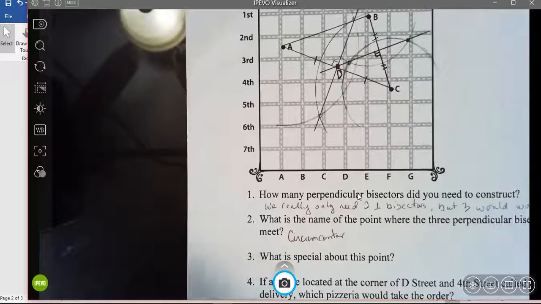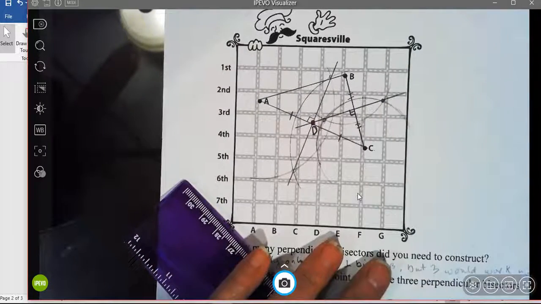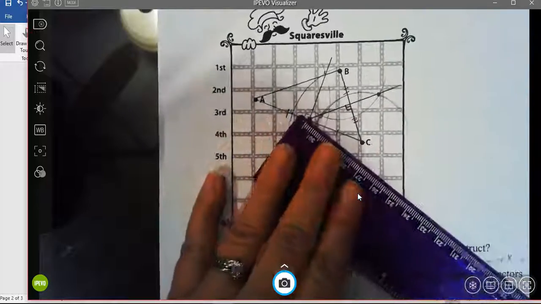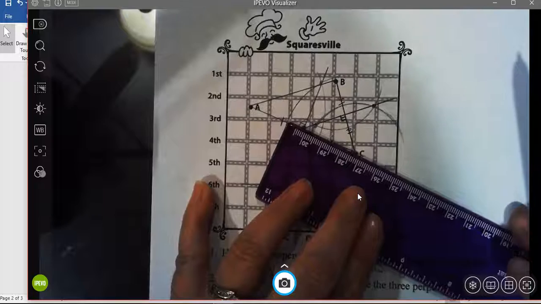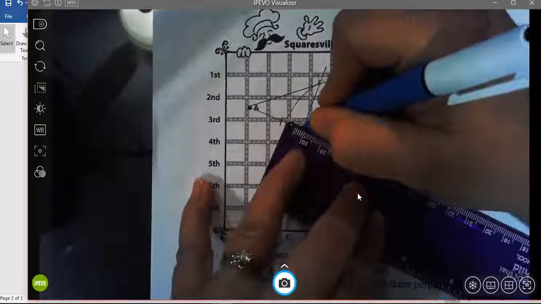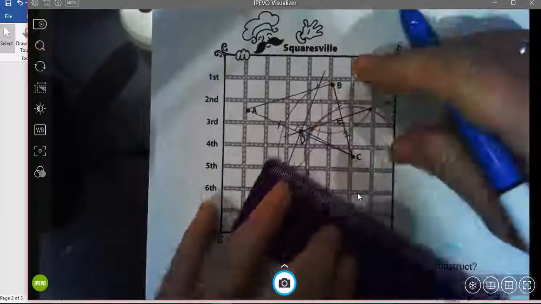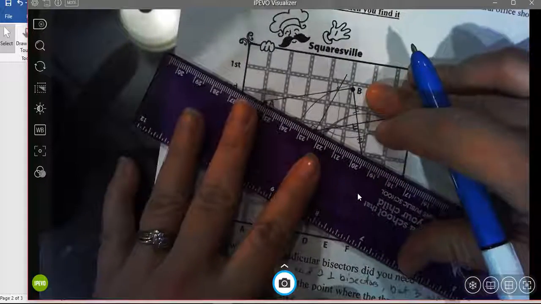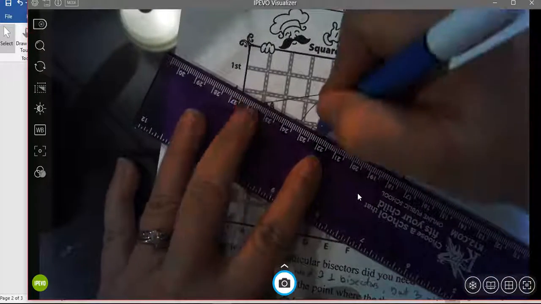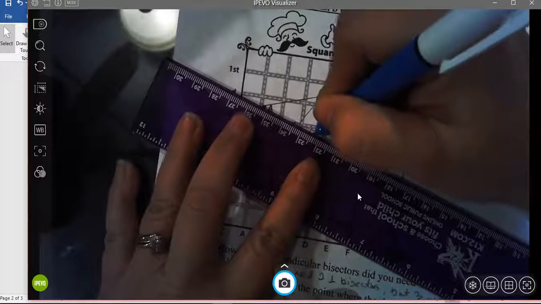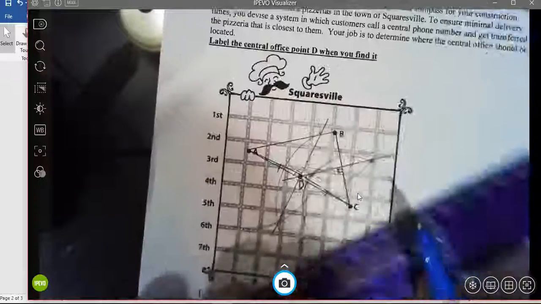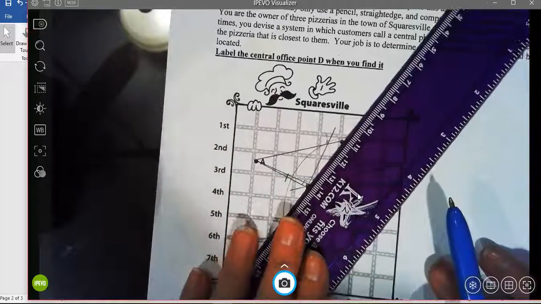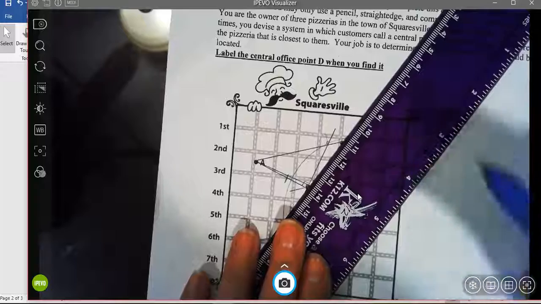Okay, so if I were to draw a line from the circumcenter to each vertex, and it is so close to being a right triangle because it is almost on the hypotenuse here, but all 3 of these line segments would be congruent.